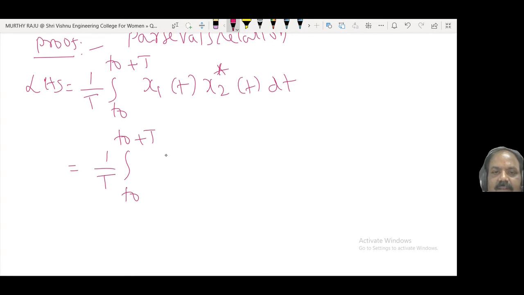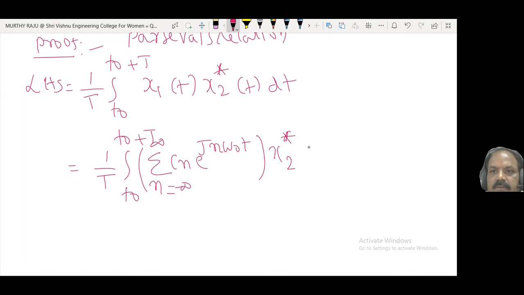Put x1(t) in complex exponential Fourier series form: sigma n equals minus infinity to plus infinity Cn e power j n omega naught t. X1 is replaced with this one, and x2 star of t.